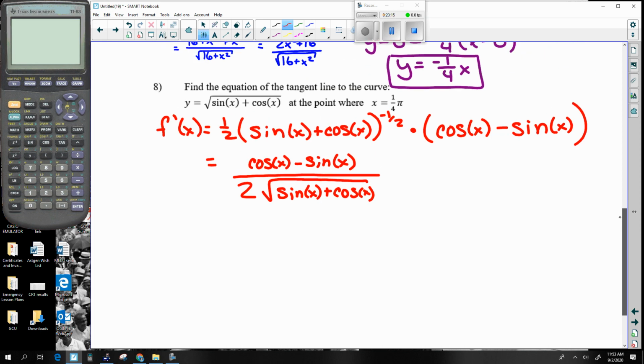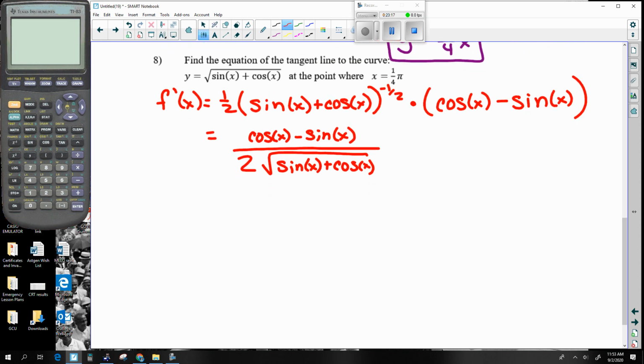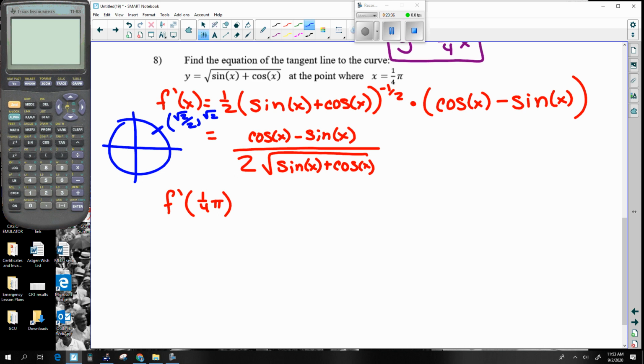Now I need to find the slope of my tangent. The slope of my tangent, my x is 1/4 pi. So I need to know what a bunch of these sines and cosines are at 1/4 pi. Taking a look at that, the reason they use that one is because they're both the same. They're both square root of 2 over 2, positives.